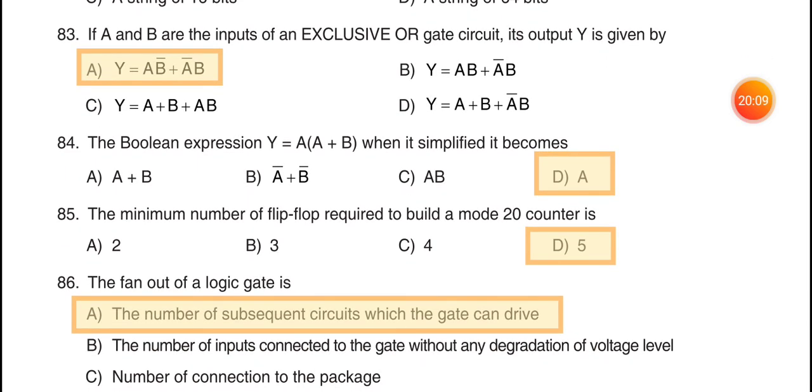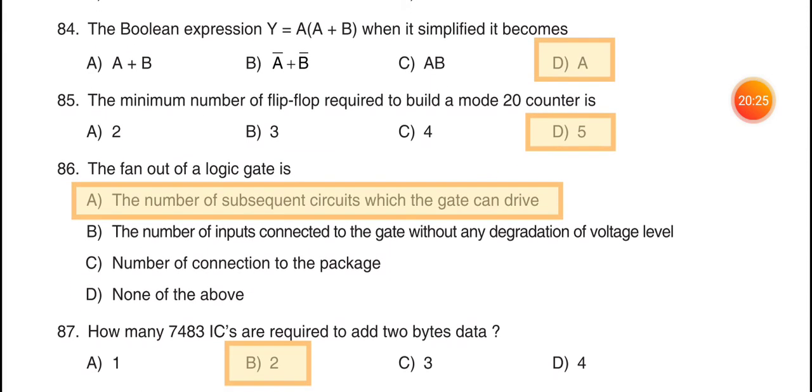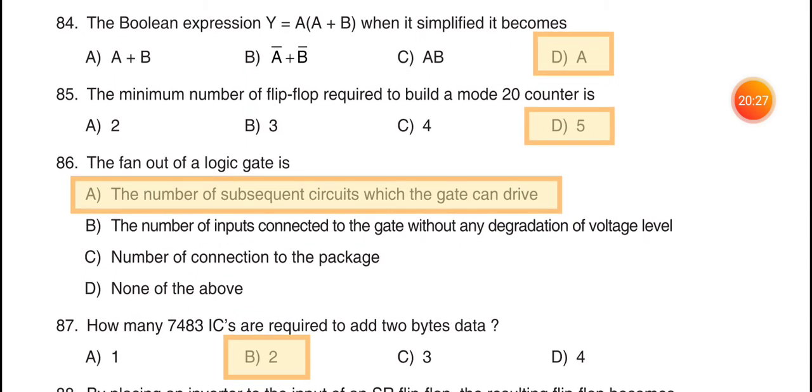If A and B are input of an exclusive OR gate circuit, its output Y is given by option A, Y equal to A into B complement plus A complement into B. 84. The Boolean expression Y equal to A into A plus B, when it is simplified, it becomes A.